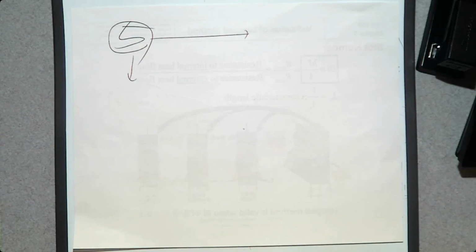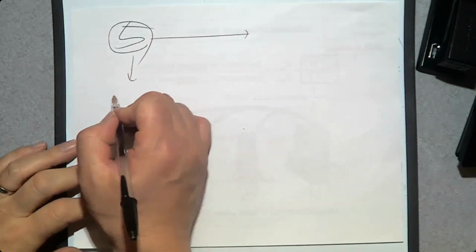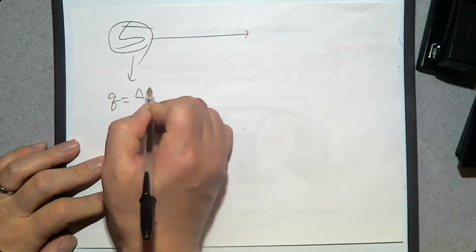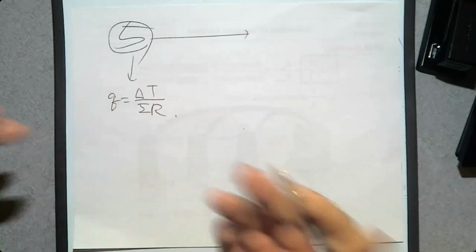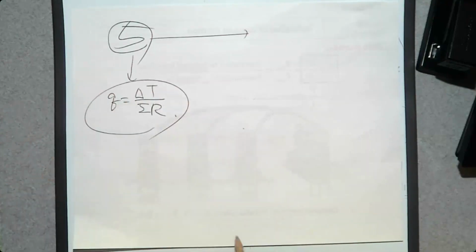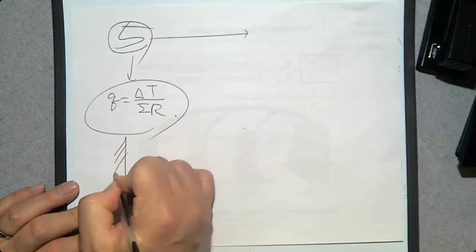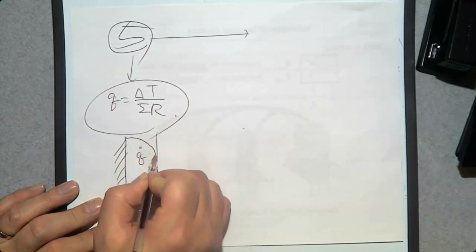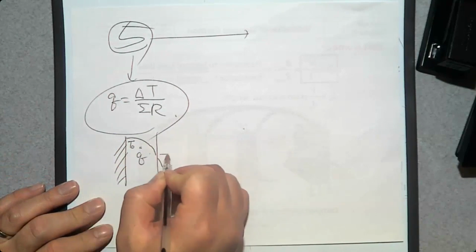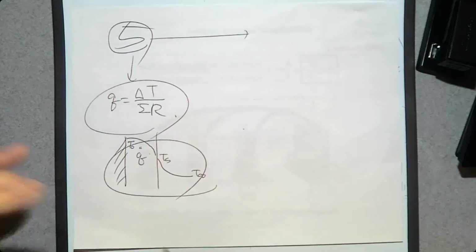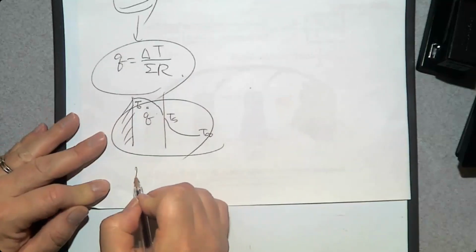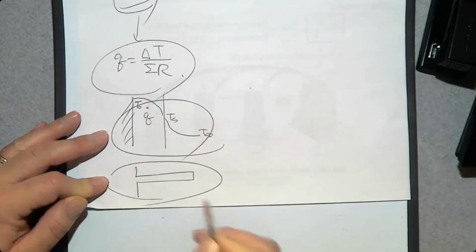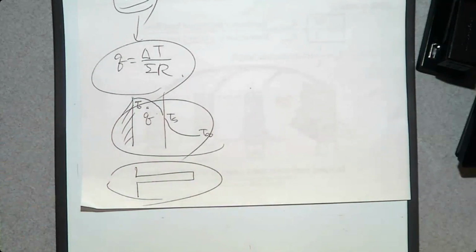And there are 3 items from chapter 3. Q is delta T over the sum of R. You remember that. That's the first item. The second item is when we have a heat generation in the solid. You remember that. Right? That's the second item. The third item is going to be when we have a fin. So you already studied all 3.